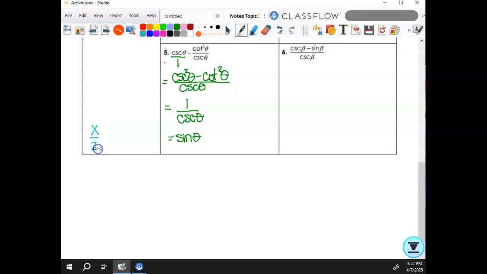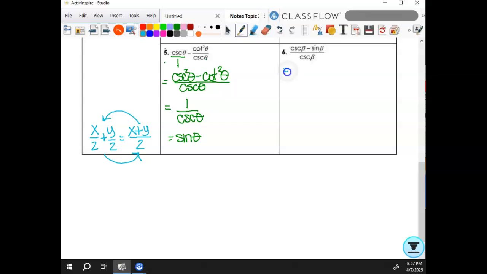If I have x over 2 plus y over 2, then I believe we could all agree that I have a common denominator. So that is x plus y over 2, right? We are used to going this way, taking this and making it into that. But I can take this and break it apart into 2 fractions like that. So that's what I'm going to do over here.